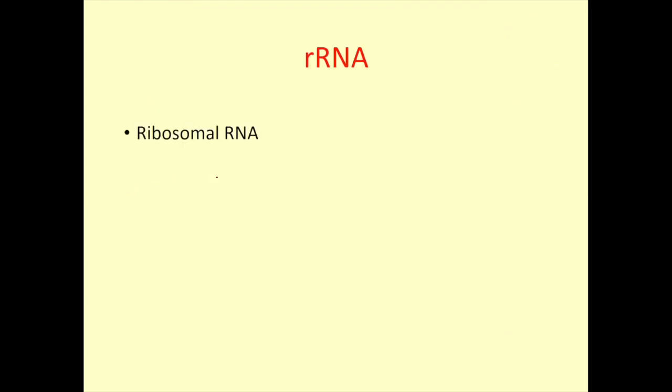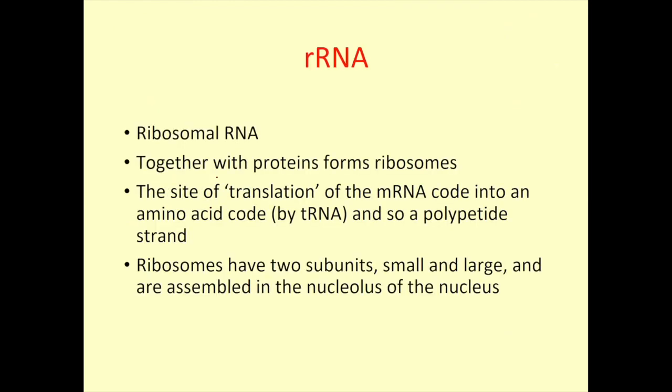So ribosomal RNA, I think this is beyond what we need to know as well, but what you will need to know is that ribosomes in eukaryotes have two subunits, small and large, and are assembled in the nucleolus of the nucleus.